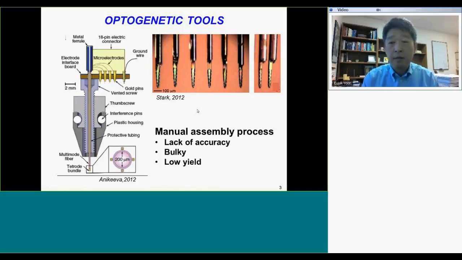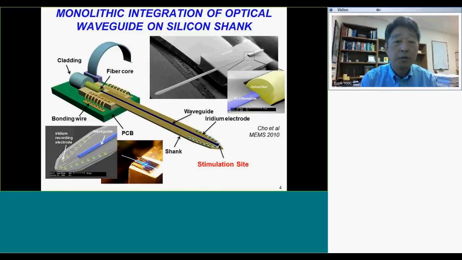And when I take a look at this, it is very intriguing, and as MEMS engineers, we can help out by integrating an optical waveguide directly onto the silicon probe. This is the approach that we took: monolithic integration of the SU-8 polymer waveguide on the probe shank. That's our initial device, with light coming from the optical fiber at the back.